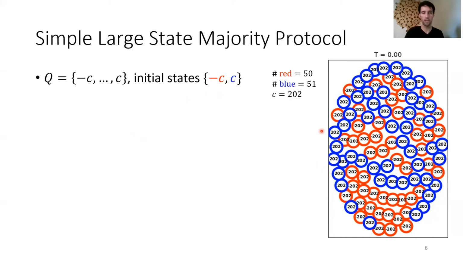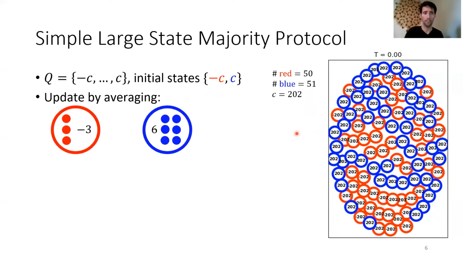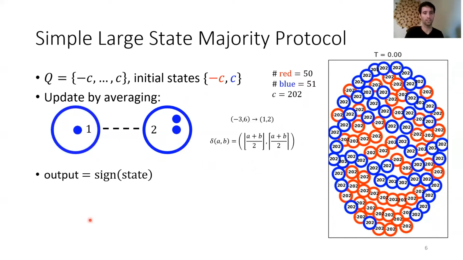In our example here, we have 50 red agents, 51 blue agents, and c is 202. The update rule is just to do averaging, a discrete average given by the floor and ceiling of their average. The output they produce is the sign of their state. If their state is positive, they think that blue is the majority. If negative, they think that red is the majority.